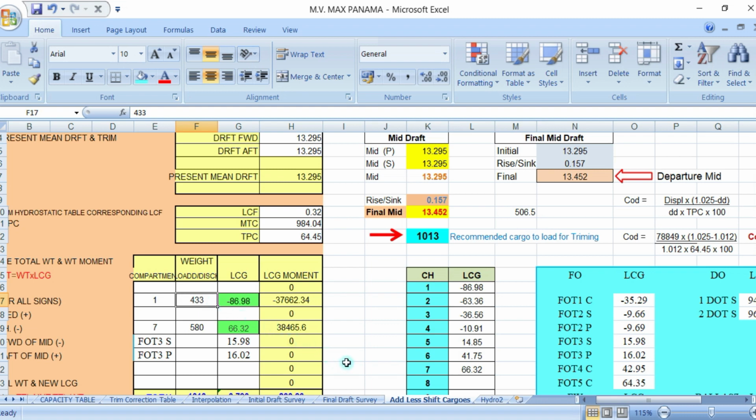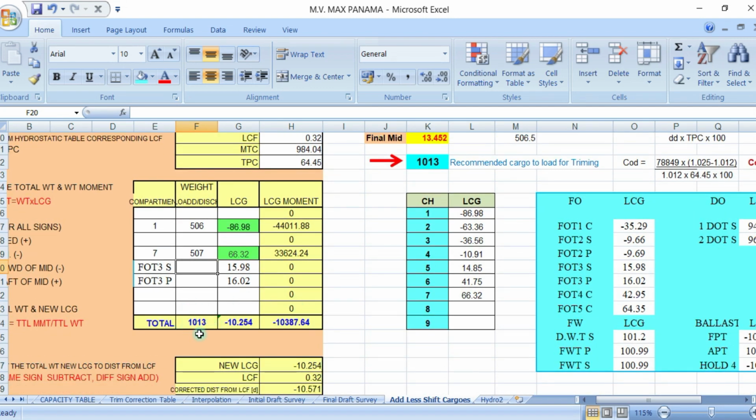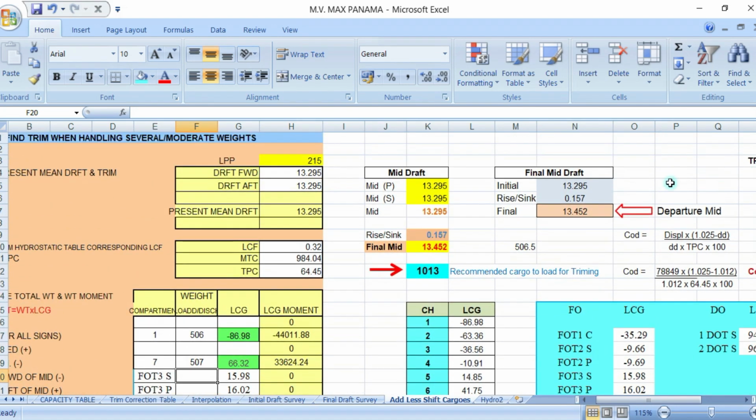So for example, you load here 506 and this one 507. Get the total weight 1013, and your draft will be trimmed by the head by 11 centimeters, but you get the mean, which is 13.52, which is this one, the final departure.